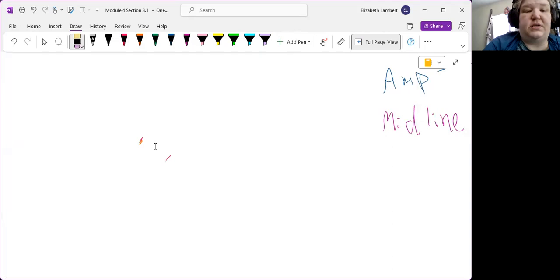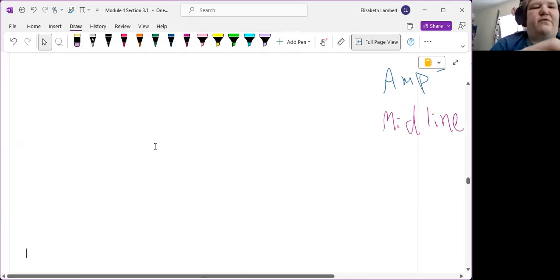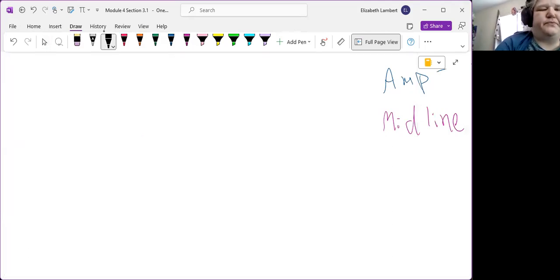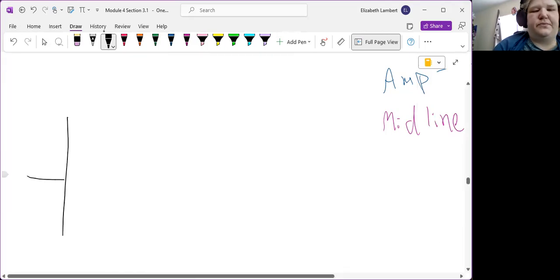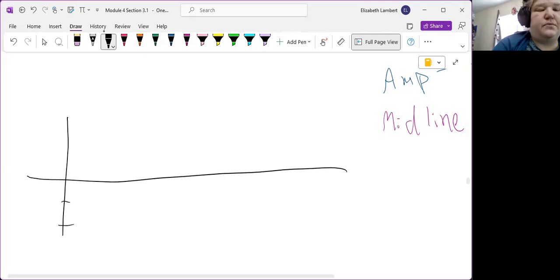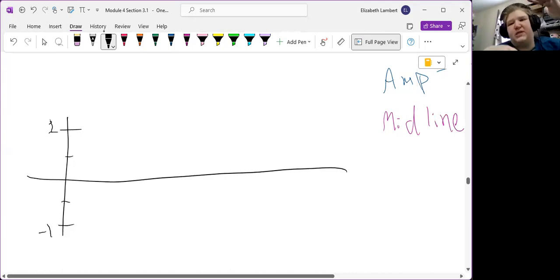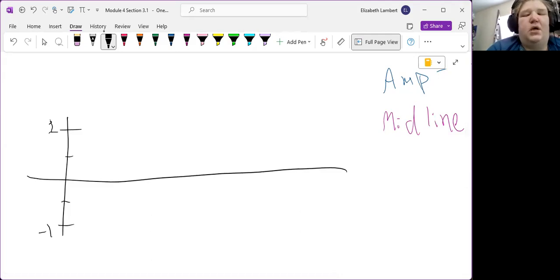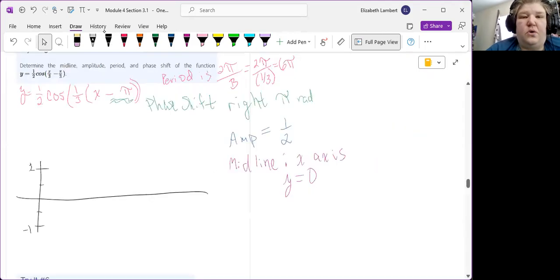All right, so if you don't have fancy handy dandy graph paper, call that 1, call that -1. And I marked the half marks because we did determine our amplitude is going to get shrunk here. All right, now period is 6 pi.